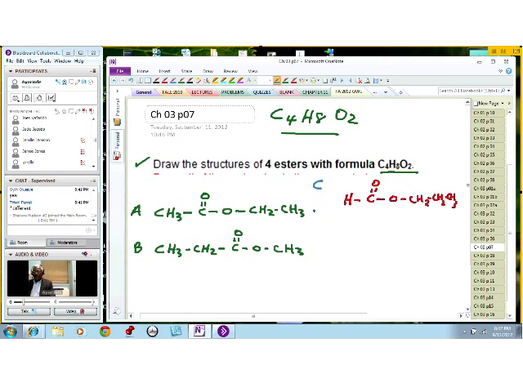So what is the relationship between molecules A, B, and C? They are all constitutional isomers. You notice what we've done? The arrangement of the atoms is different, even though they have the same molecular formula.